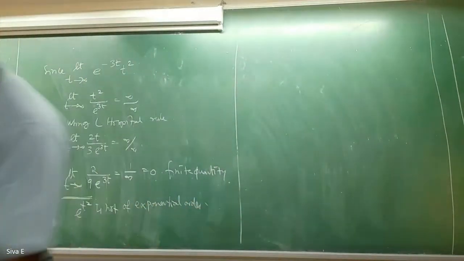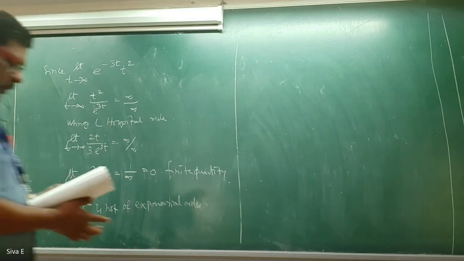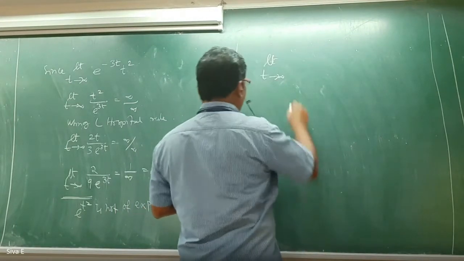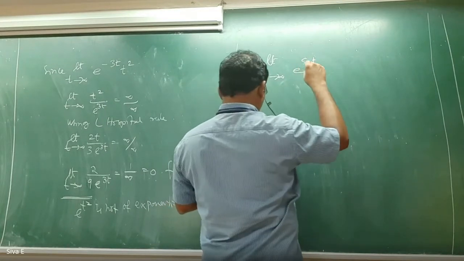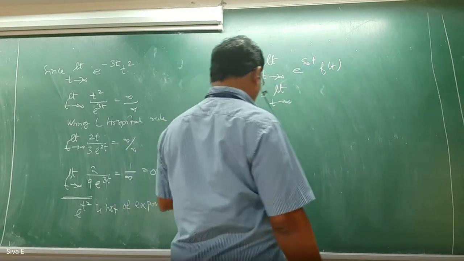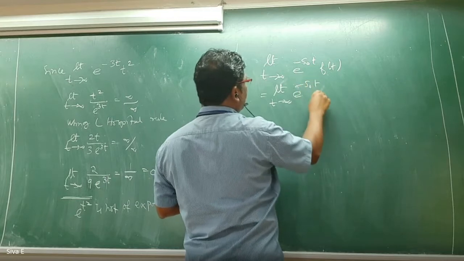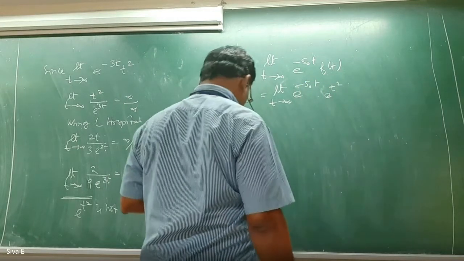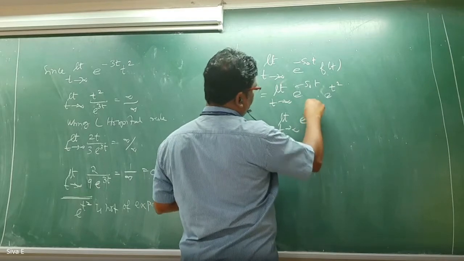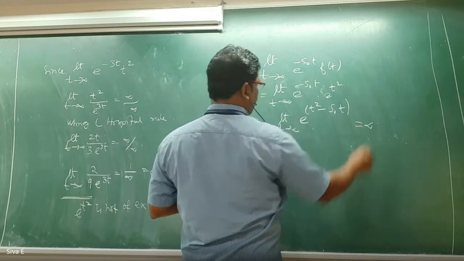Suppose it is of exponential order; then limit t tends to infinity e power minus s0 t times e power t square, that is, e power t square minus s0 t, equals infinity.